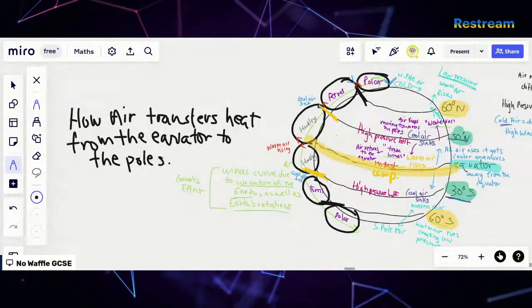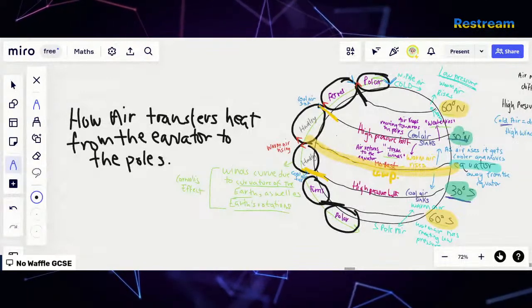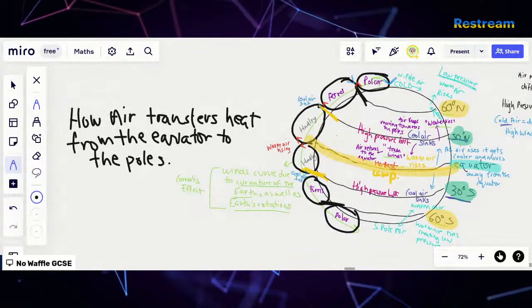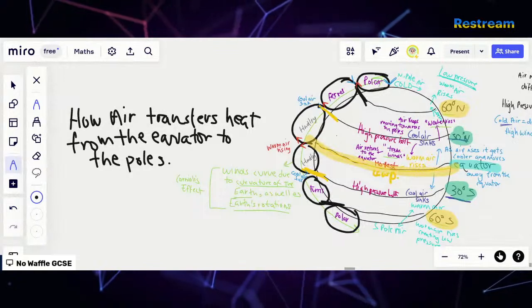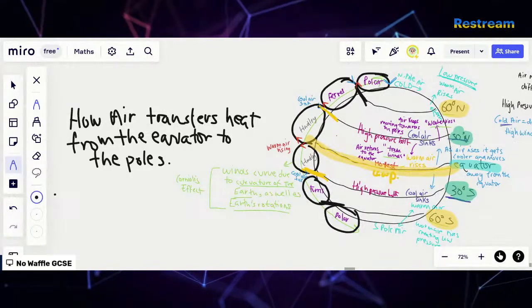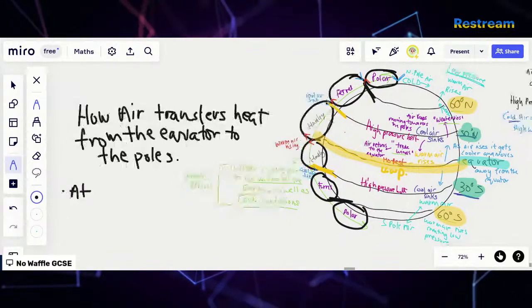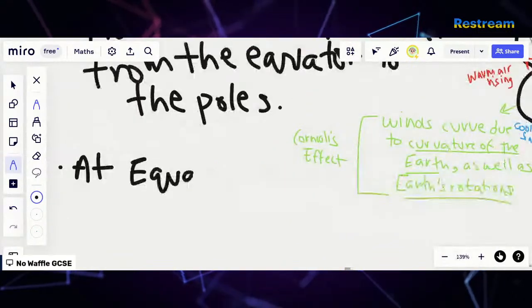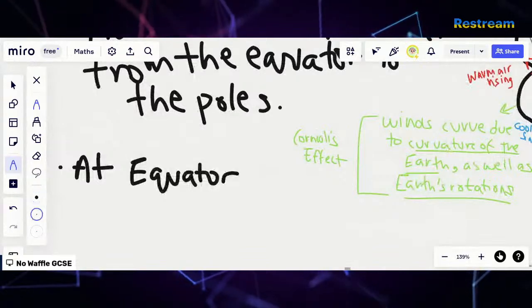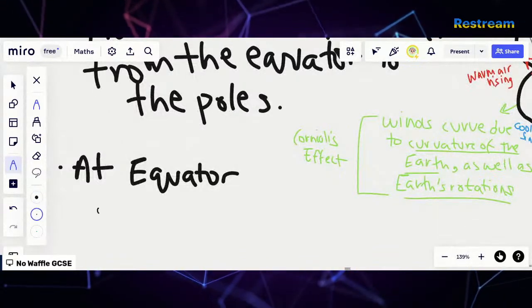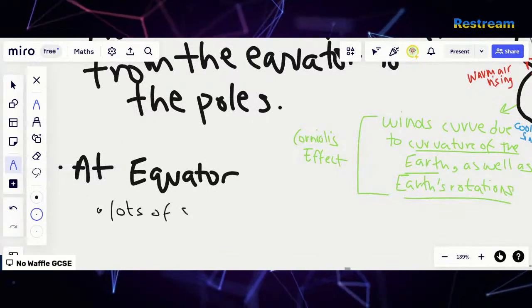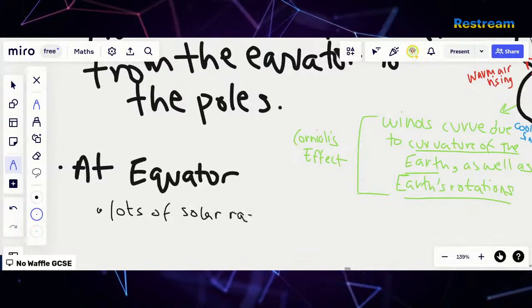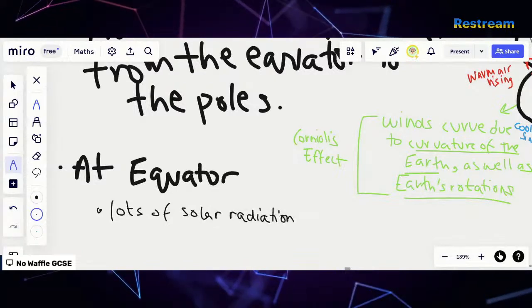Now you may be asked, how does it influence weather or climate? So some things you could say is that at the equator, the sun is directly overhead. Because the sun is directly overhead, this means that over there the Earth receives lots of solar radiation. And therefore it's hot.